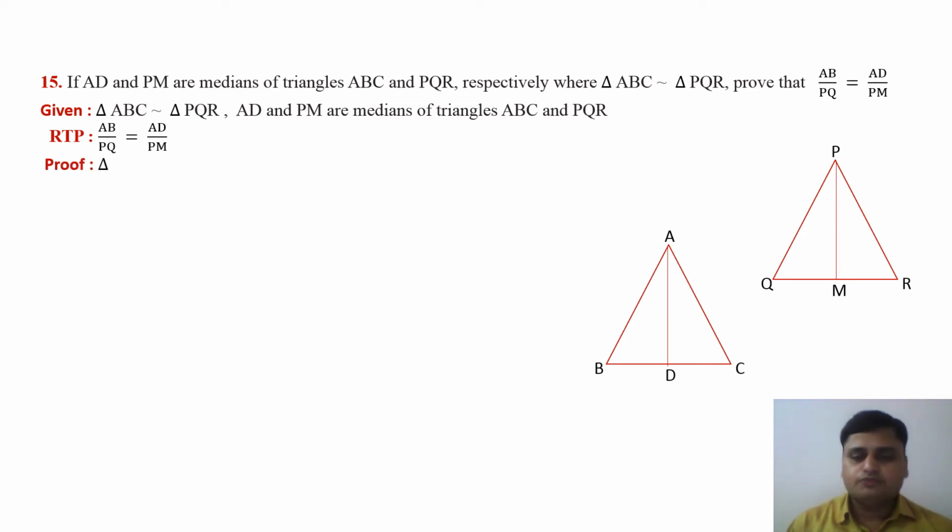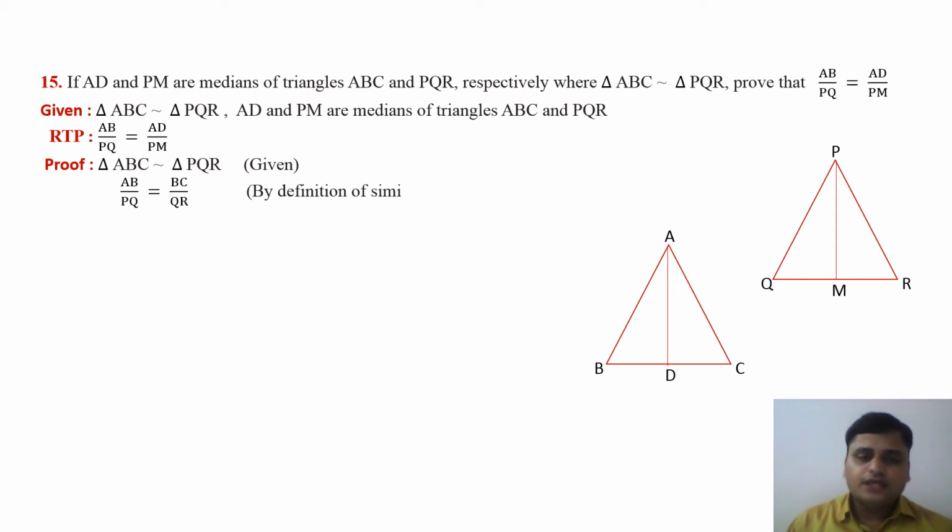Let's begin the proof. Since the triangles are similar, which two triangles? Triangle ABC is similar to triangle PQR, it is clearly given. So their corresponding side ratios are in proportion by the definition of similarity, that is AB by PQ is equal to BC by QR. I have not taken the third side, because till the second side only we can complete it.